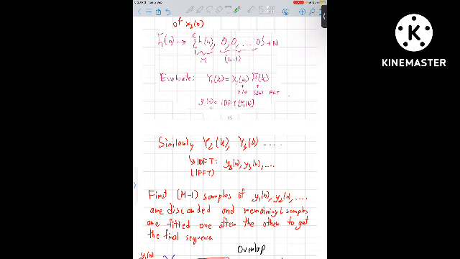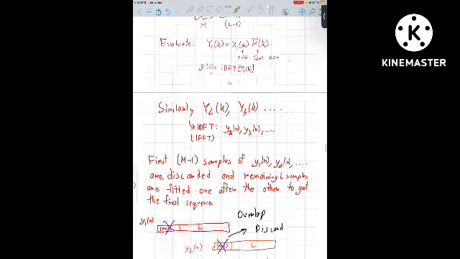So what do you obtain? y1 of n is actually an N point sequence. So this m minus 1 over here I discard. Similarly, I have y2 of n over here, m minus 1 samples and L. What do I do to the m minus 1 samples?